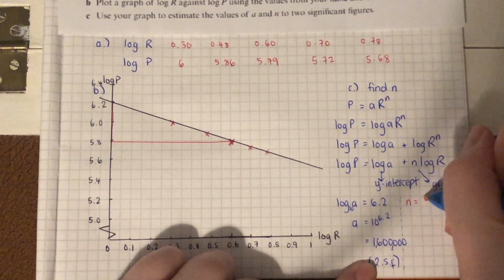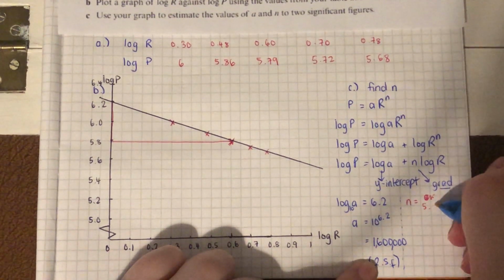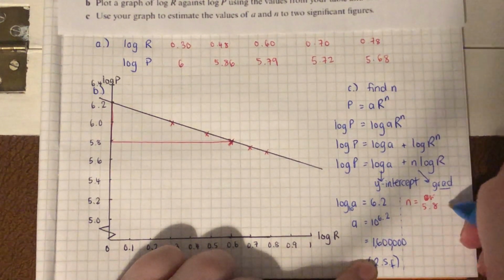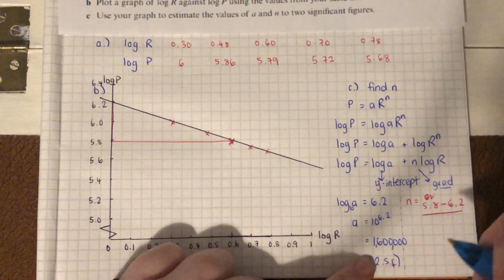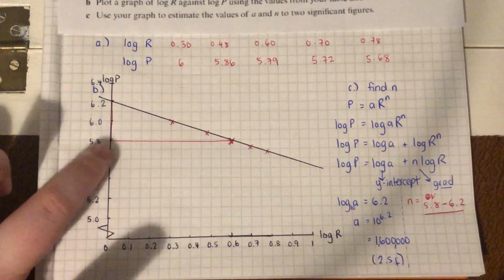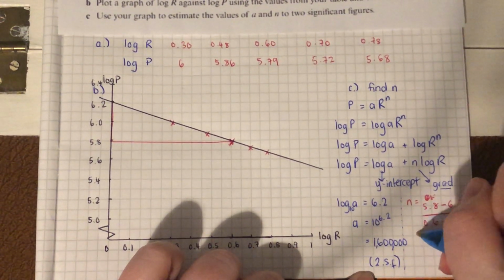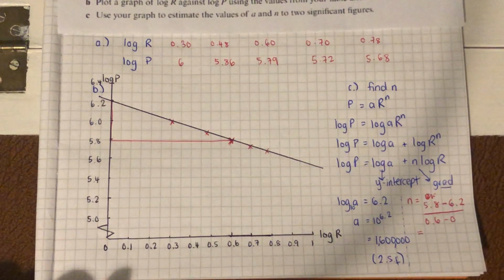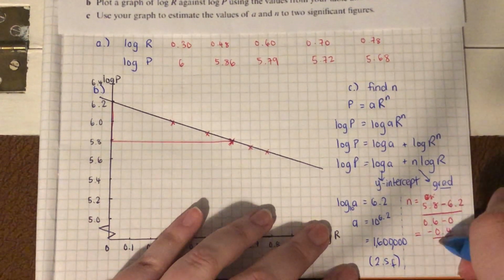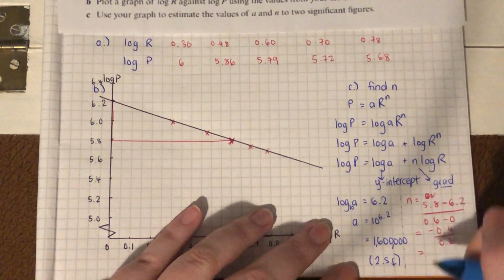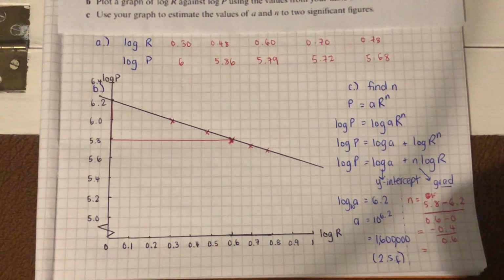Oh, wrong way around. Because you're going down. Sorry, my fault. So 5.8 subtract 6.2. Okay, and the difference in x's, so that's from 0 to, so it'd be 0.6, take away 0. Okay, so that's going to be minus 0.4 divided by 0.6, which is 0.67, I think.